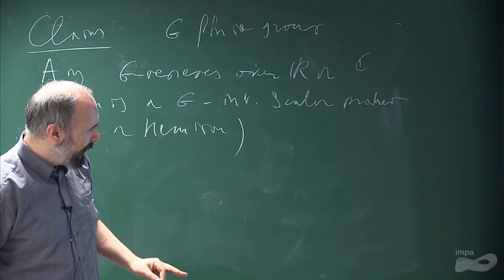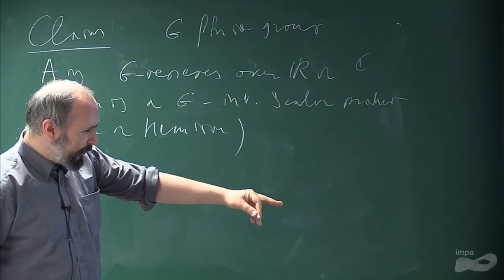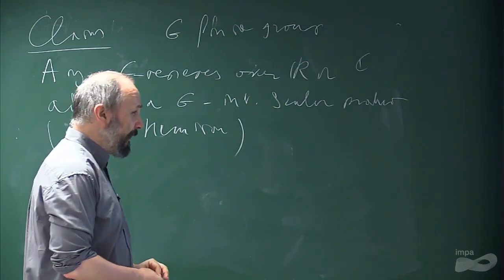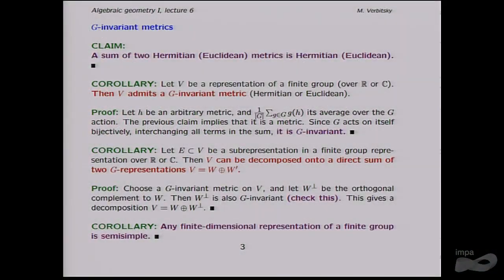This is the notion of G-invariancy, and this is the main result. And this is something that probably Frobenius already knew. So probably this comes back to Frobenius.